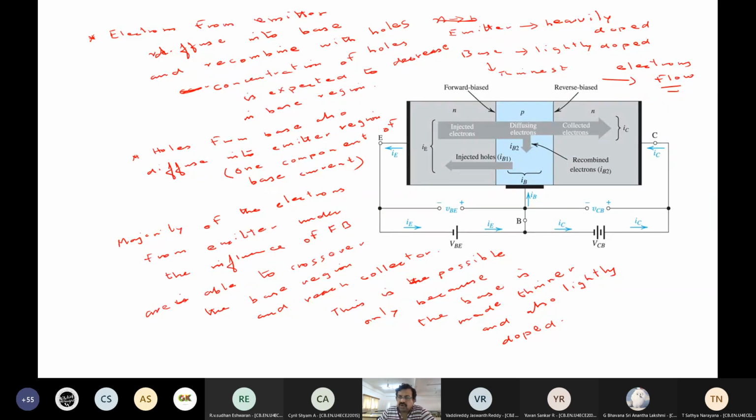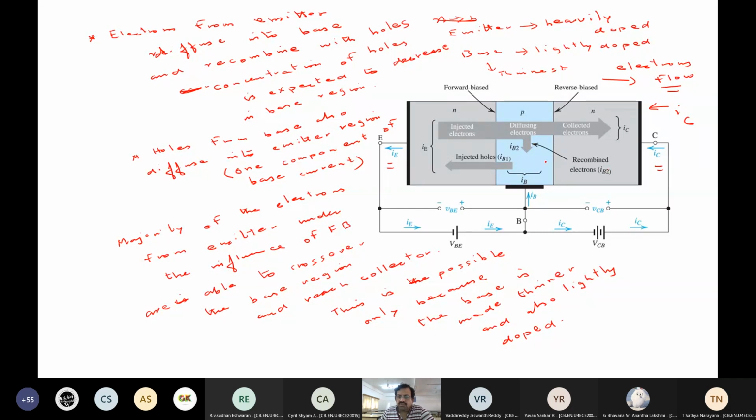So the direction of collector current will be in this direction. So that is what is mentioned here. We see the direction of the emitter current flowing out of the emitter terminal under active mode operation, and the collector current flowing into the terminal.